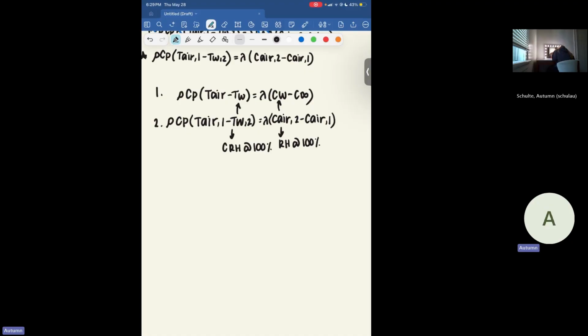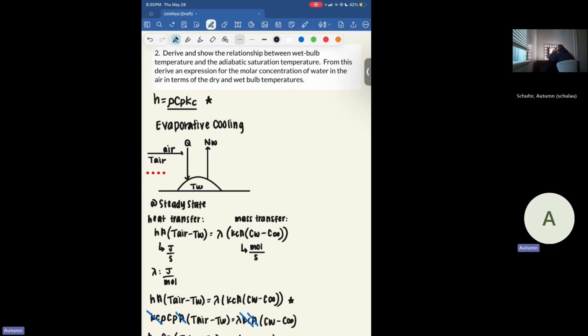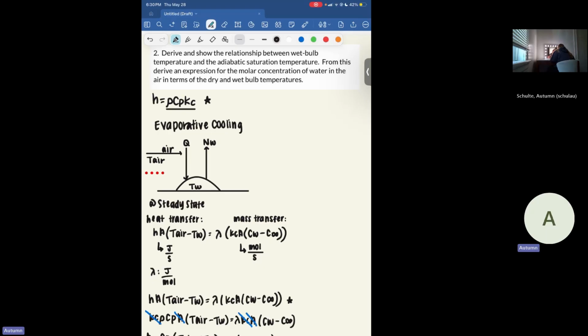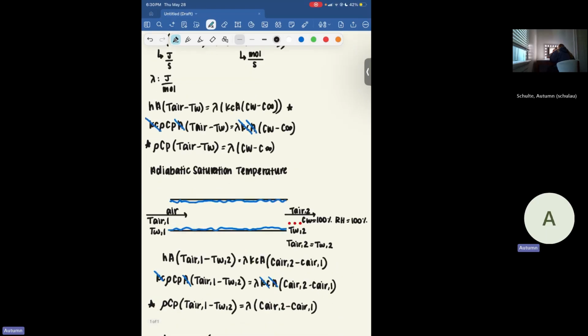And so if we plug those values in, we're going to find that the concentration of the air that is leaving that pipe minus the concentration of infinity is equal to our density times our heat capacity multiplied by the temperature of the air minus the temperature of the water, all divided by our enthalpy of vaporization. And back to our original point in our equation, we wanted to find the molar concentration of water and air in terms of the dry and wet bulb temperatures.